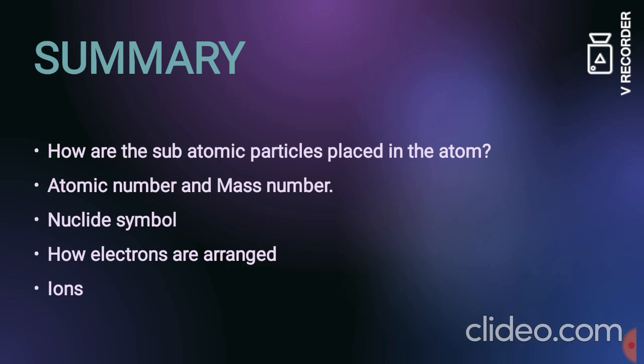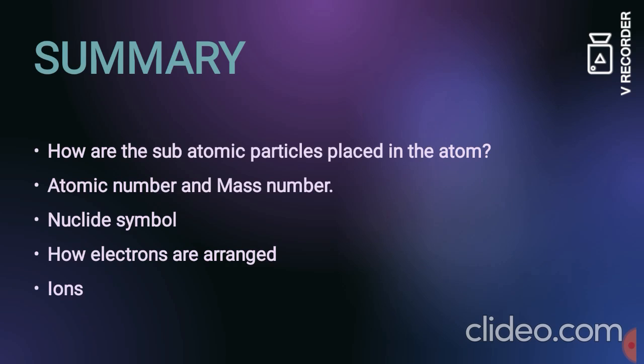Atomic number means the number of protons present in the atom, and mass number means the sum of protons and neutrons. Nuclide symbol. Then we have seen how electrons are arranged. At last we have seen what is meant by ions.